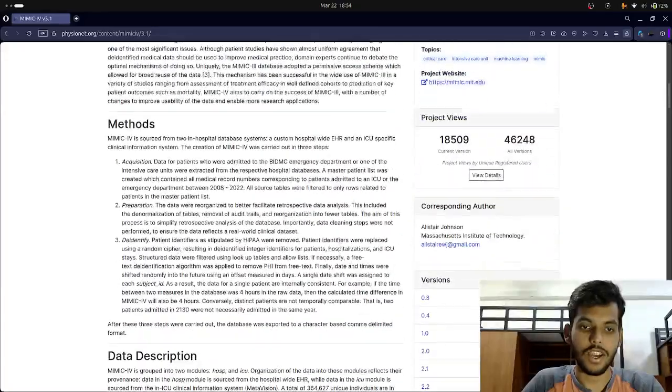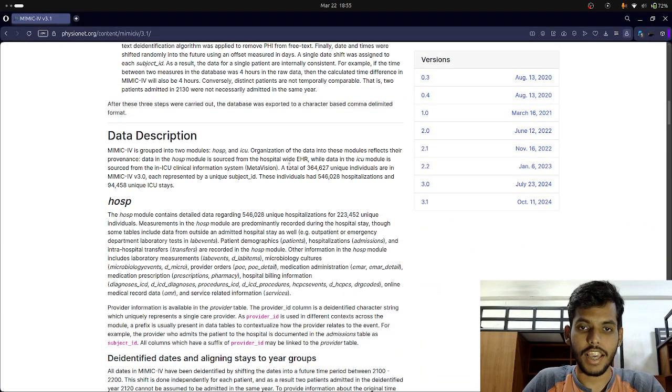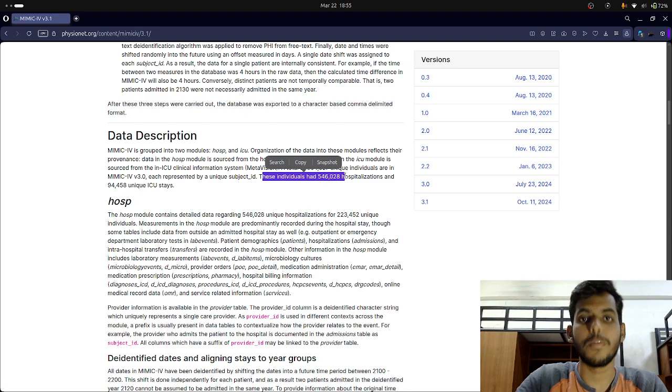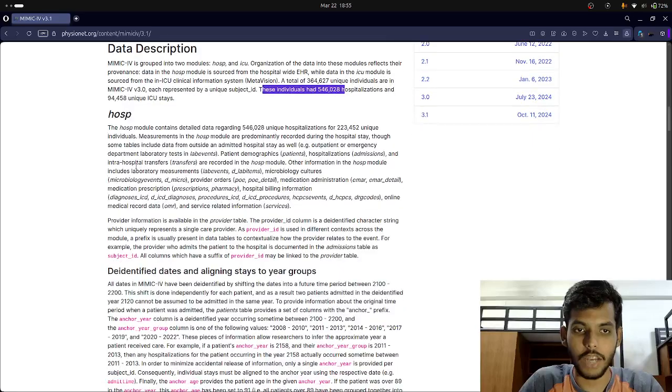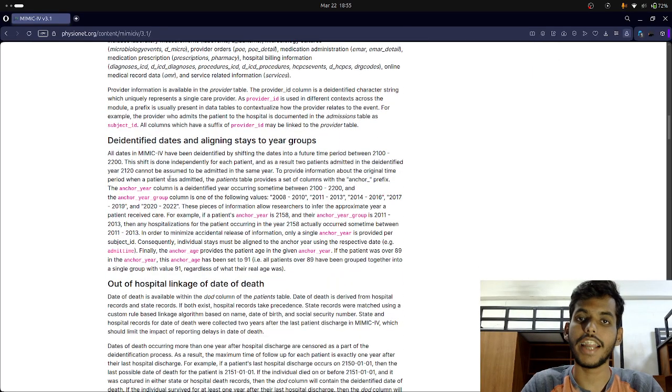As I go down, there will be methods and data description, right? In this they will give, like, we have a total of this much data, and these individuals have 546,028 hospitalizations. So they'll give you an overall image. Using this, you have to deduce one by one. You should read what the hospital data is about, and how they de-identified it.